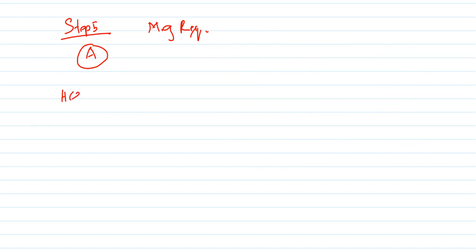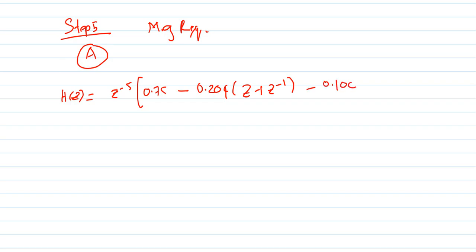So H of z is equal to z power minus 5 into 0.75 minus 0.204 z plus z inverse minus 0.104 z square plus z power minus 2 minus 0.026 z cube plus z power minus 3.